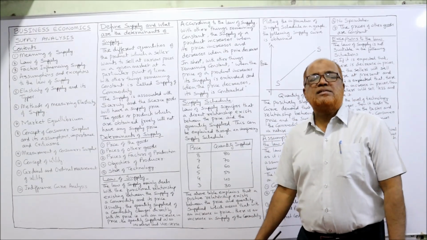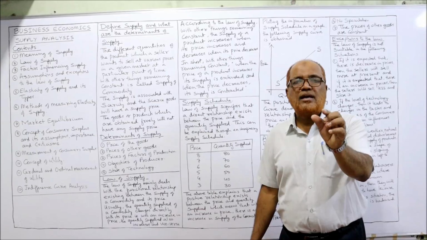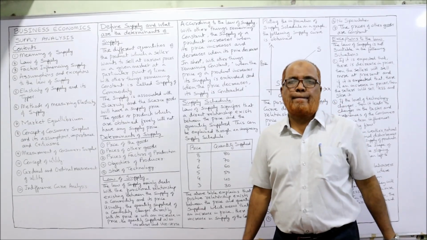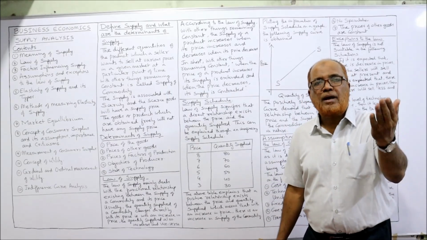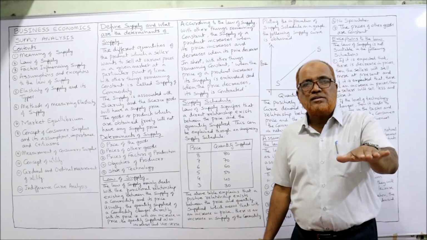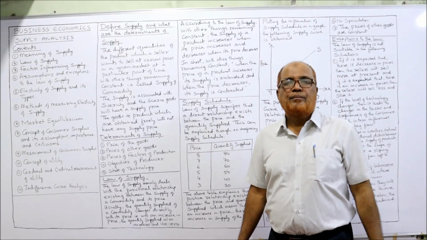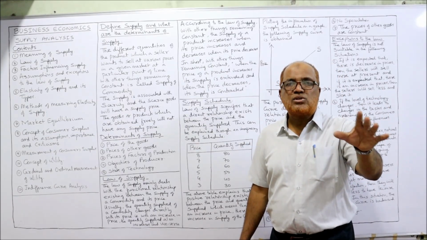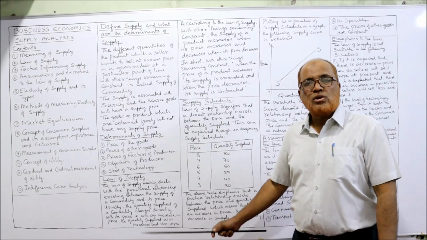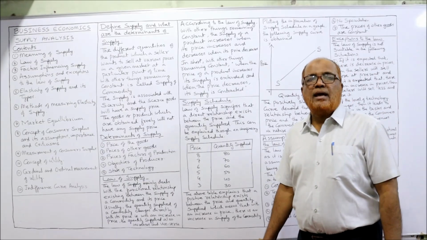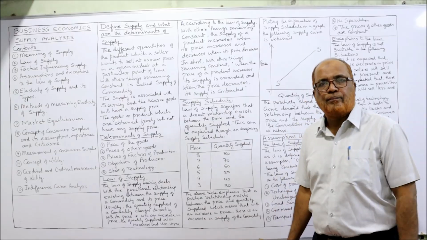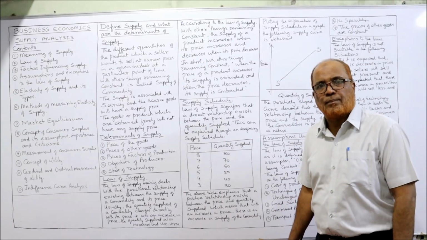So law of supply says there is a direct relationship between the price and the supply. Meaning higher the prices, more will be supplied. Lower the prices, less will be supplied. That means supply depends on prices. So this law of supply explains the functional relationship between price and supply.